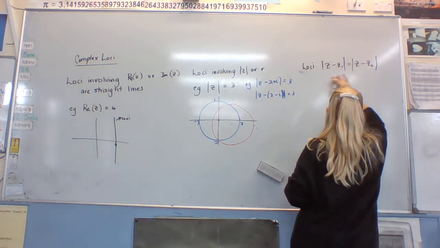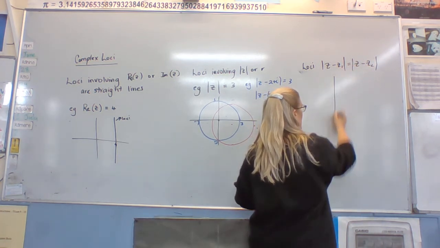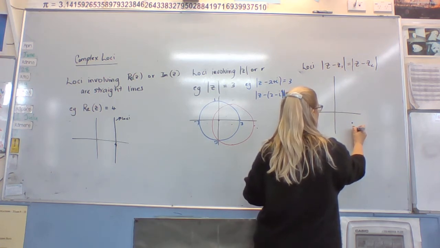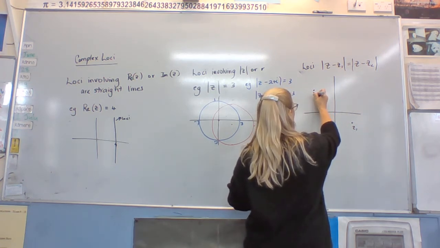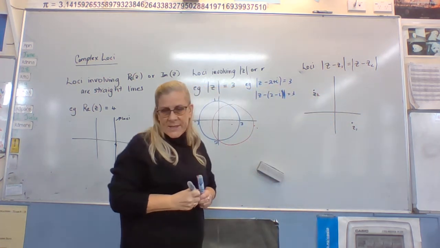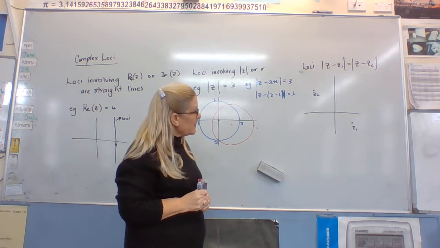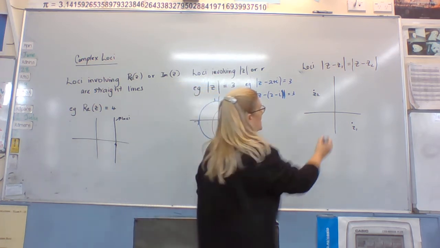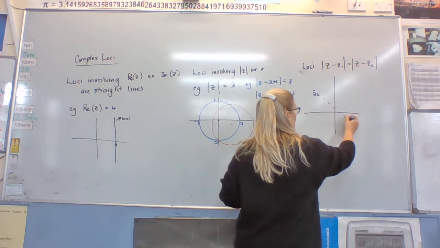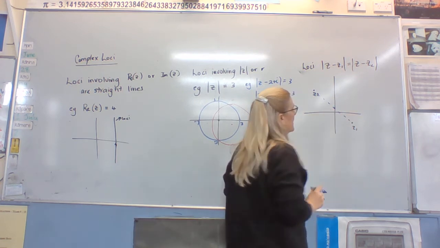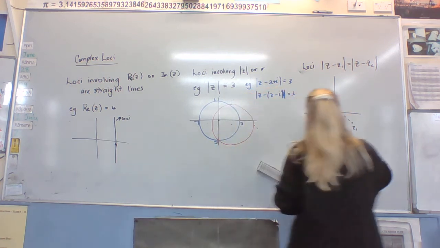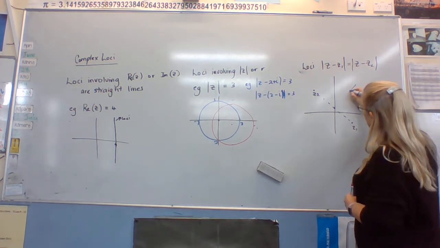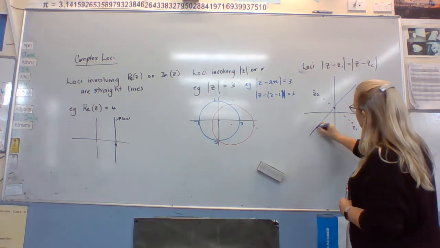What complex number is the same distance from both of these points? So here are these points, Z1 and Z2. What are the points that are equidistant from both of these points? There's one straight in between, halfway. And then there's everything perpendicular to that. So it's this line here.